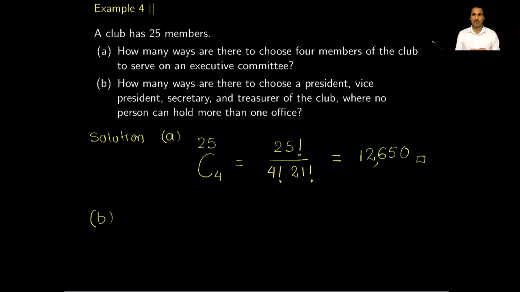You cannot just select 4 out of 25 and then put them in any order, because order is really important. First you have to choose the president, then the vice president, then the secretary, and then the treasurer. So the order really matters.